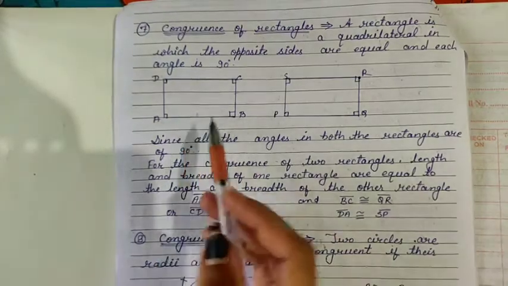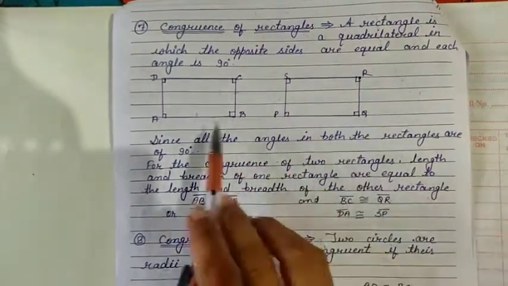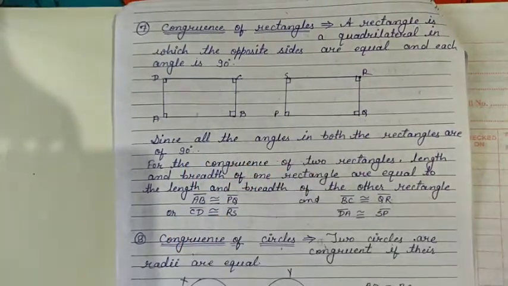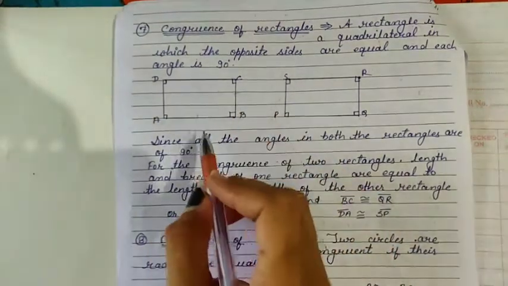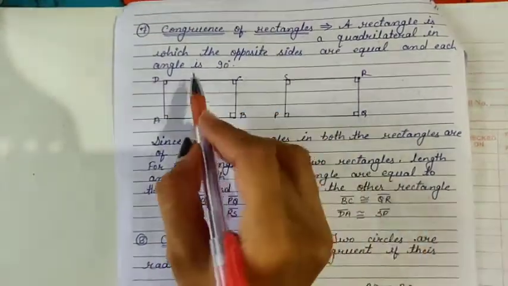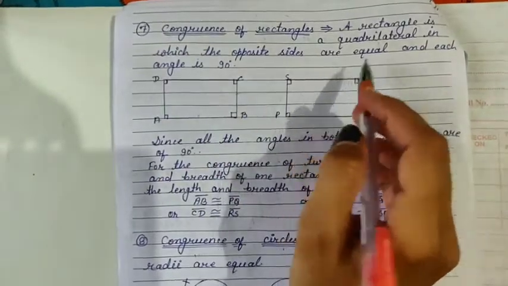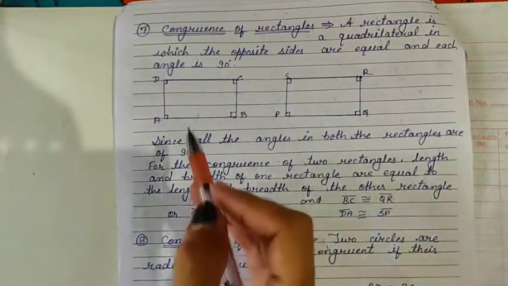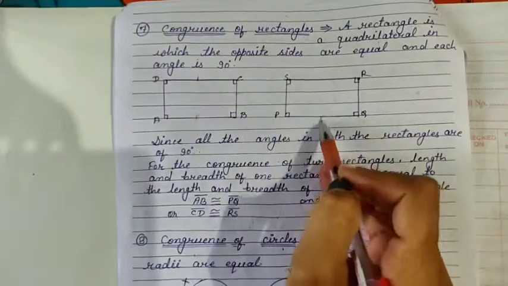It means AB is congruent to PQ, so the length of AB must be equal to the length of PQ. If these two lengths are equal, then CD is equal to SR, because this is equal to this and this is equal to this.